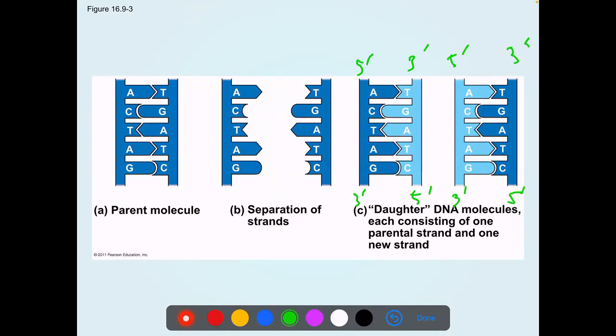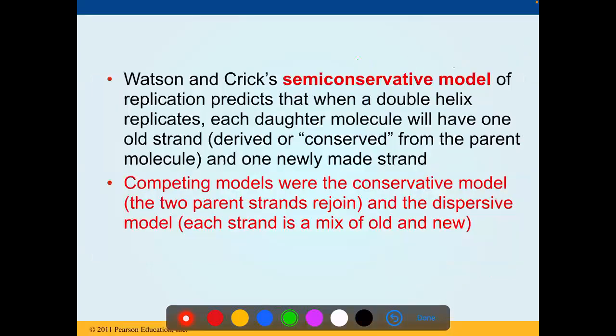So A, C, T, G, A, G. So it will form this kind of newly synthesized DNA. That is what we call semi-conservative, because the newly synthesized DNA is a hybrid of already existing DNA.